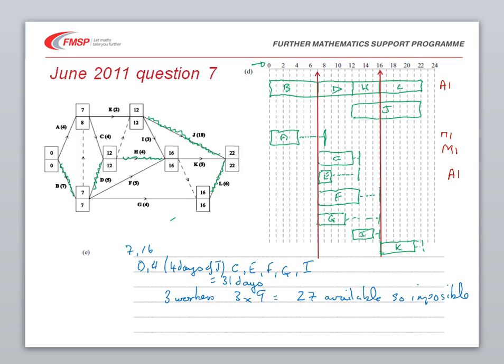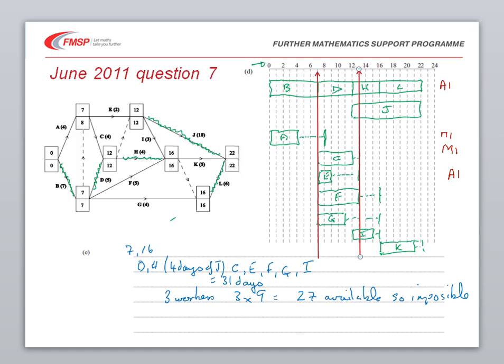The other way of arguing the same thing is to look at what happens if you have only got 3 workers. Now this involves some adjustment of the diagram, but particularly if you look at time 13, which I'll try and indicate on my diagram now, there, then you can see that H, J and I must be happening on day 13, the 13th day.